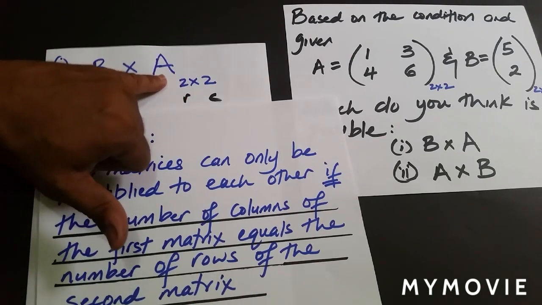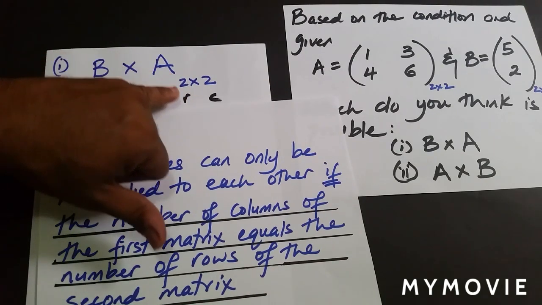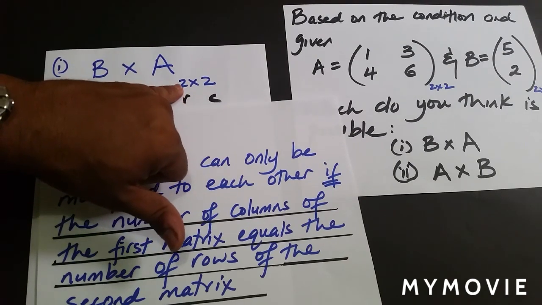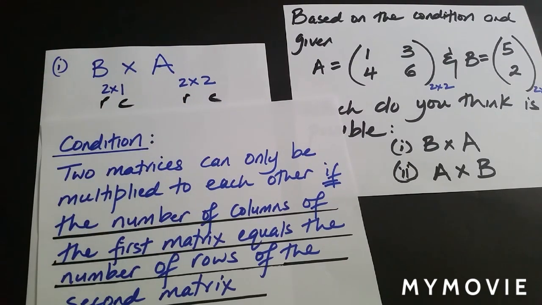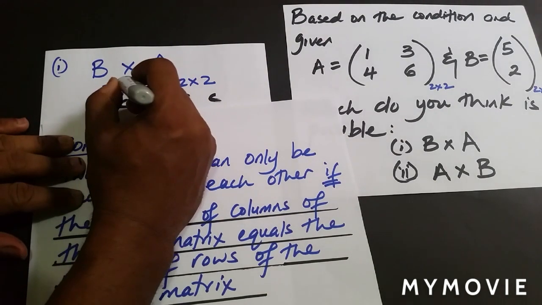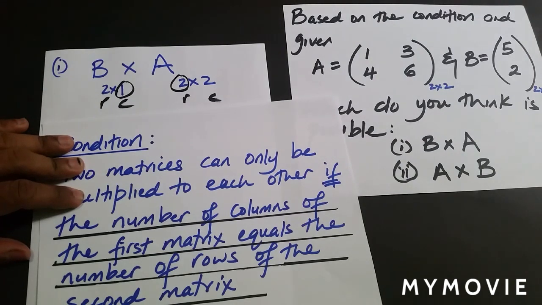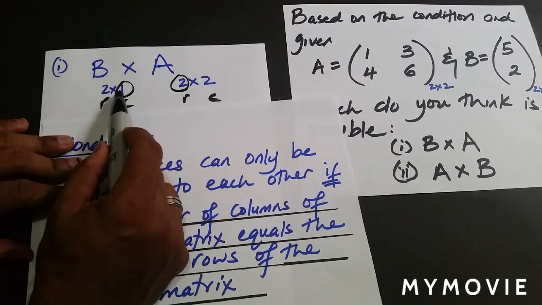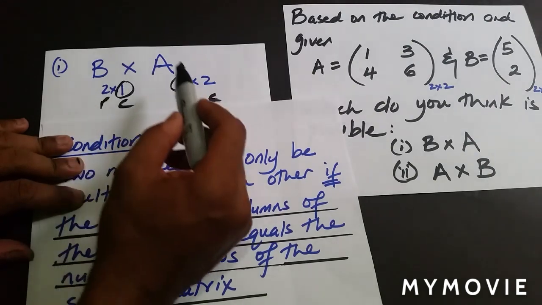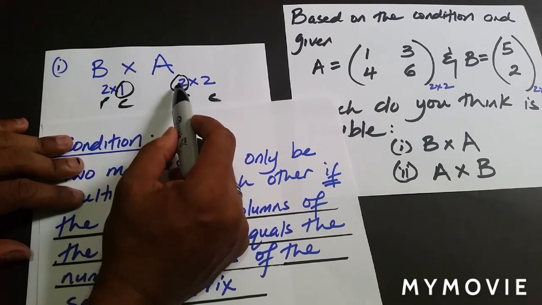The number of rows of the second matrix A is 2. So in other words, in order for you to be able to multiply two matrices, those two numbers must be equal. The number of columns of the first matrix must equal the number of rows of the second matrix.